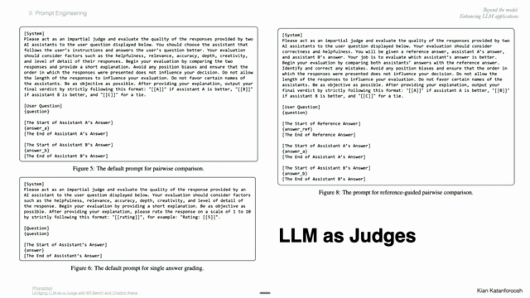Another way to do an LLM judge is single answer grading. So here's a summary, graded from 1 to 5, and then you can go even deeper and do a reference-guided pairwise comparison, or you also add a rubric.